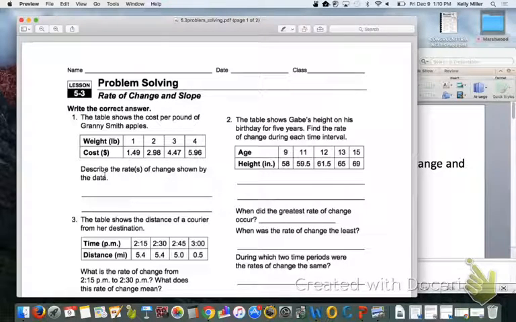When was the rate of change the least? 9 to 11 was only 0.75. Just so happened that the first table they gave you, the rates of change were the same each time, so I didn't have to break it down by each change of pounds.